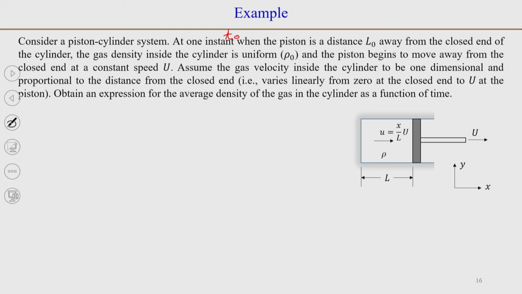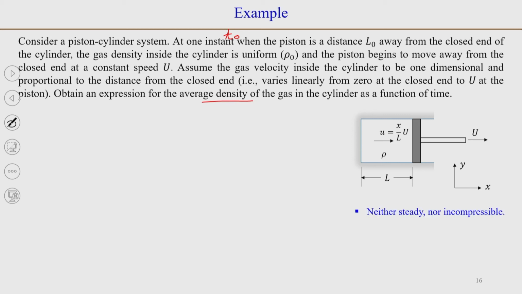So, at t greater than t0, the piston starts moving with a speed u. Assume the gas velocity inside the cylinder to be one dimensional and proportional to the distance from the closed end. What we need to find is an expression for the average density of the gas in the cylinder as a function of time.